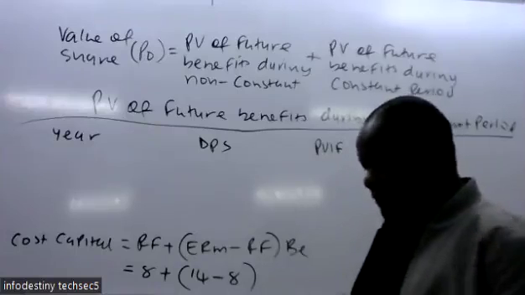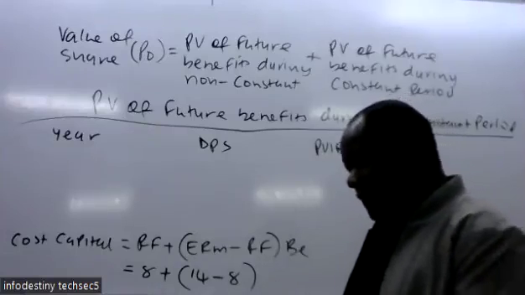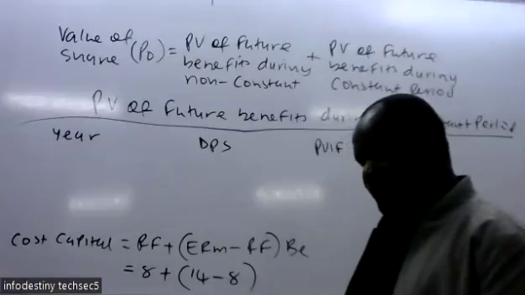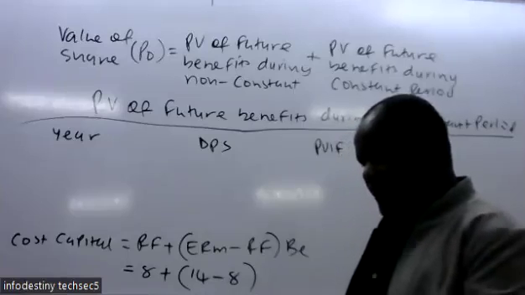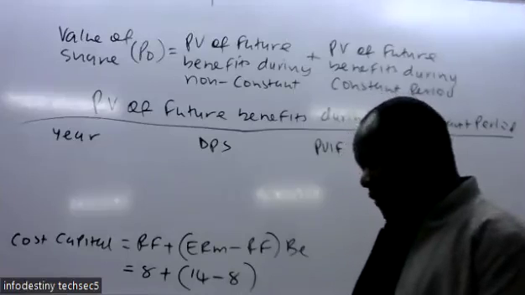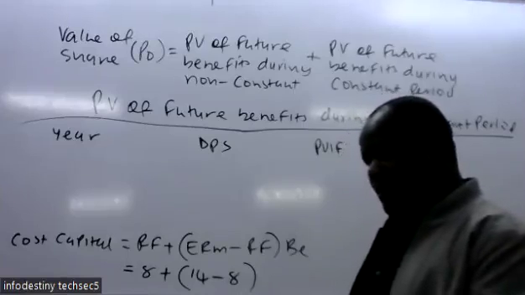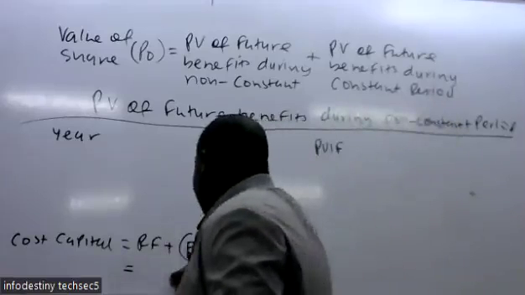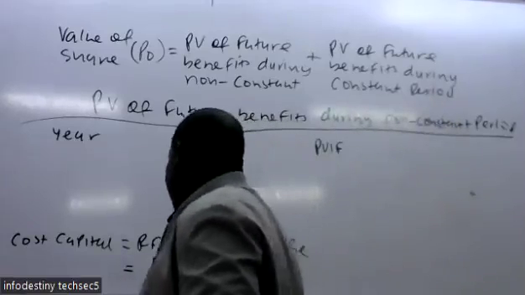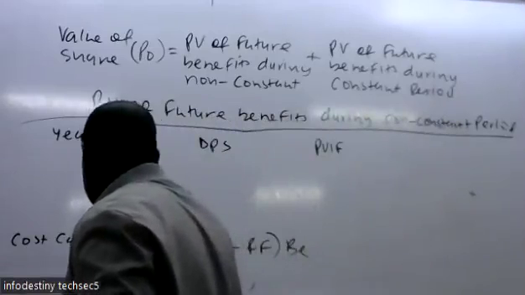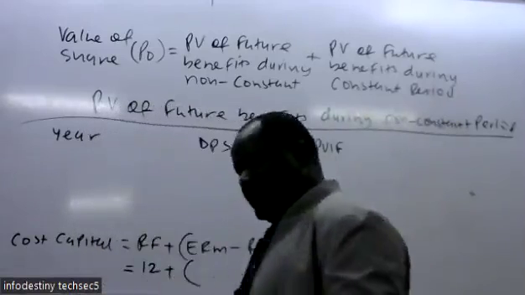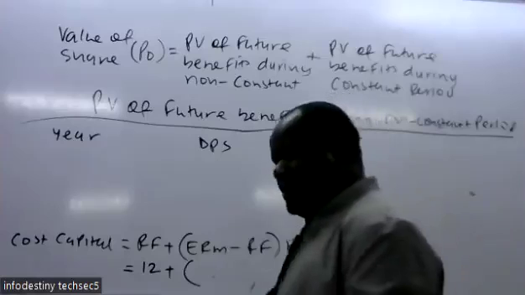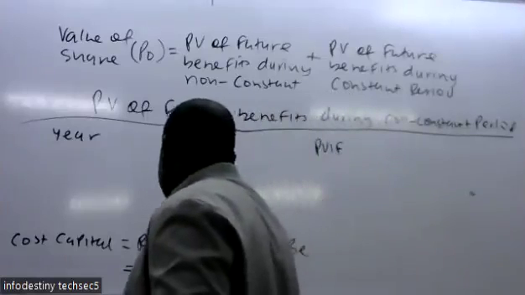I'm using the other question, sorry. So when you check note number 3, the risk-free rate has been given as 12. Then the expected return for the market is 28.